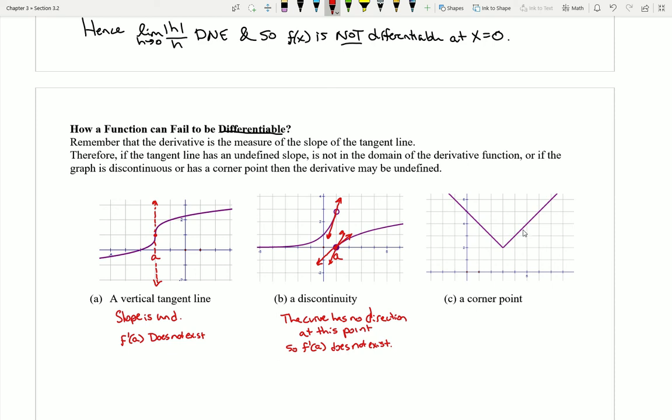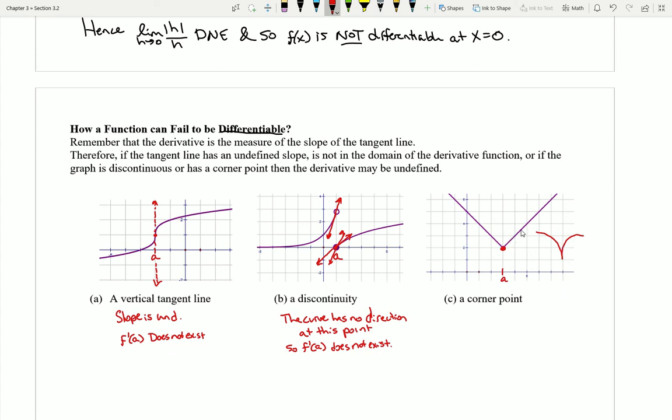The last way we already talked about was in an absolute value function, where I have a corner point. Sharp corner points are sometimes functions that create cusps, like a function that does something like this. That's still a sharp corner down there, which again is not going to allow the graph to have a clear direction at that point, or it's going to create a slope that's undefined.